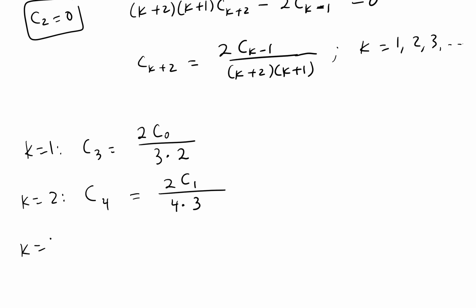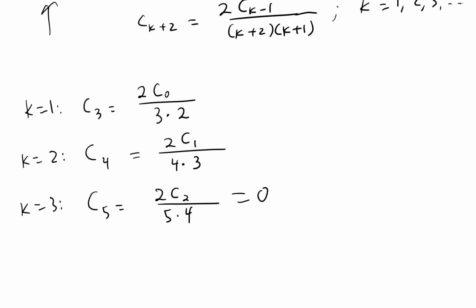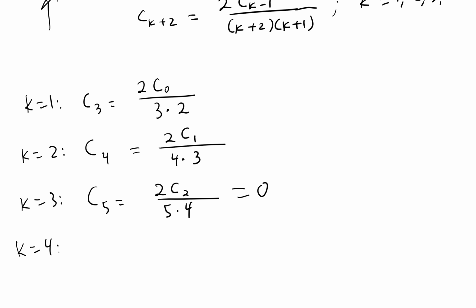Take k equals 3. c5 is 2 c2 over 5 times 4. But keep in mind, c2, from the upper left corner here, is 0. So just keep that in mind. k equals 4. We get c6 equals 2 c sub 3 over 6 times 5.